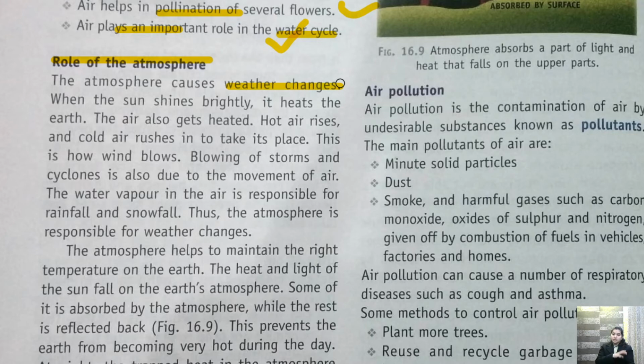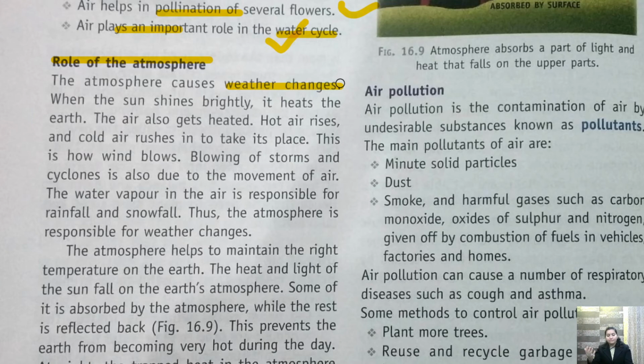Okay, similarly in the same way the opposite thing happens, the vice versa happens. Okay, and through this process the air flow takes place. So in the morning, in the daytime, the sun increases the temperature, तो air hot हो जाती है.